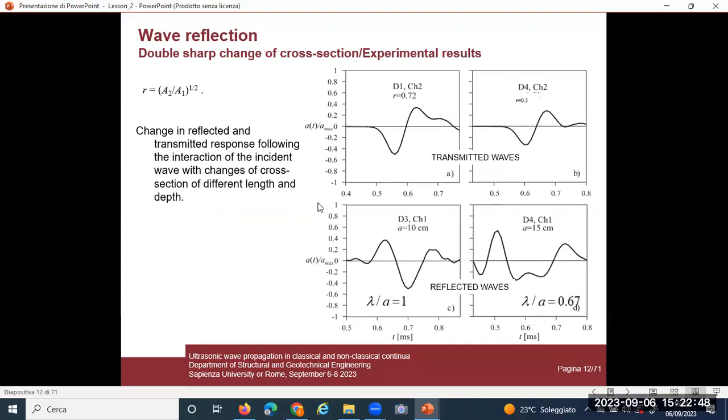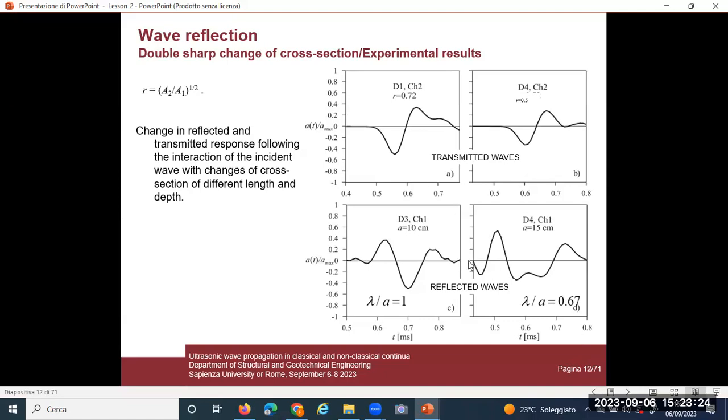And the interesting thing is that when the characteristic of the discontinuity changes, this enables us also to make considerations on the response, or inversely, to pick up information on the characteristics of the defect based on the reflected and transmitted wave.